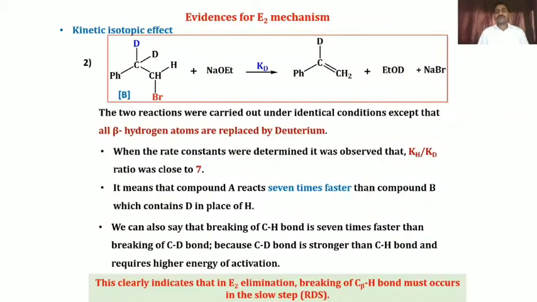So it clearly indicates that in E2 elimination, breaking of the C beta H bond must occur in the slow step. If this bond breaking took place in a fast step, there would be no change in the kinetics. As there is a change in the rate of reaction, this clearly indicates that breaking of the C beta H bond takes place in the slow step, that is the rate determining step.